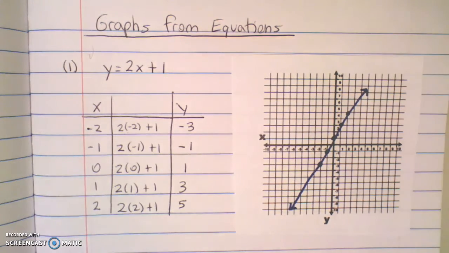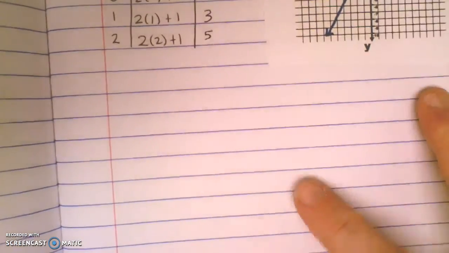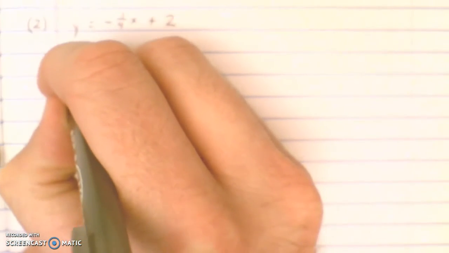Let's try another example. This time we'll do a fraction. So let's say I gave you the equation y equals negative 1/4 x plus 2. We'll do the same thing and make our table.